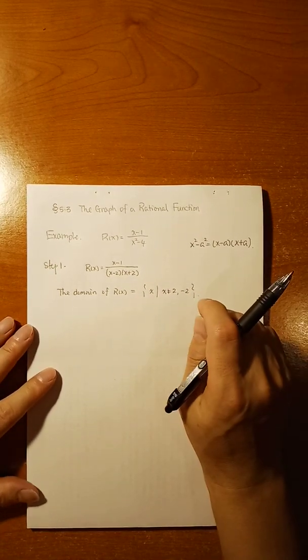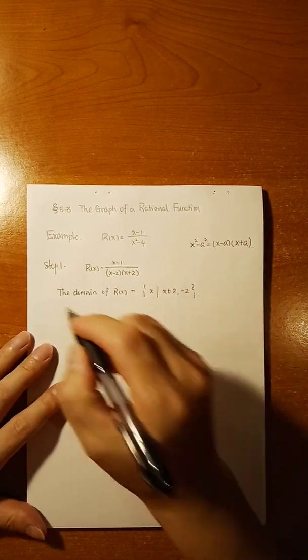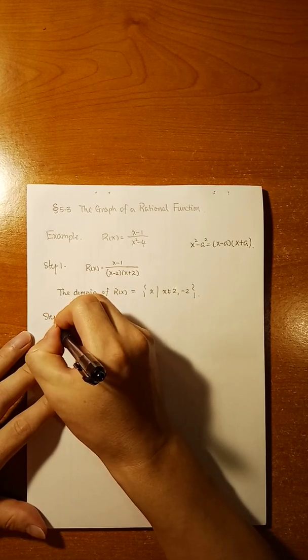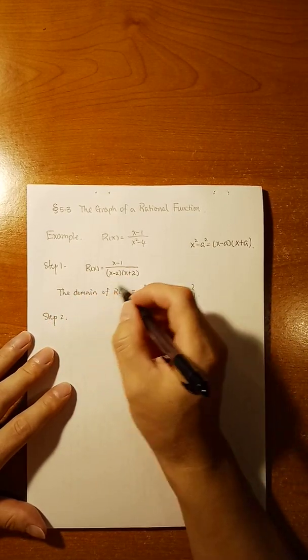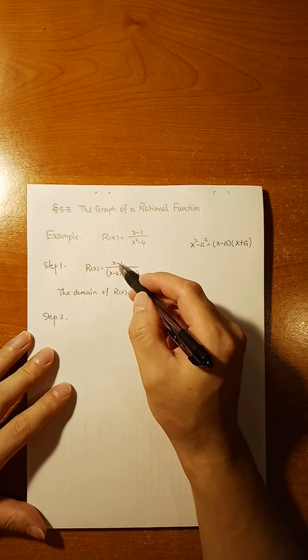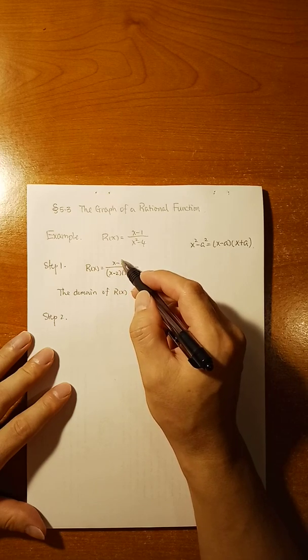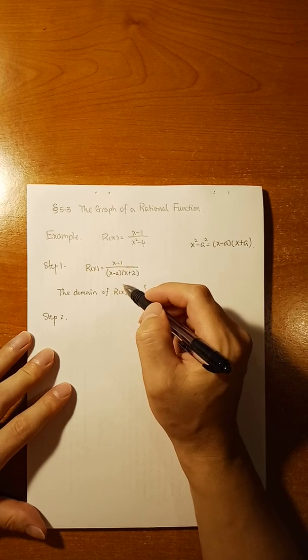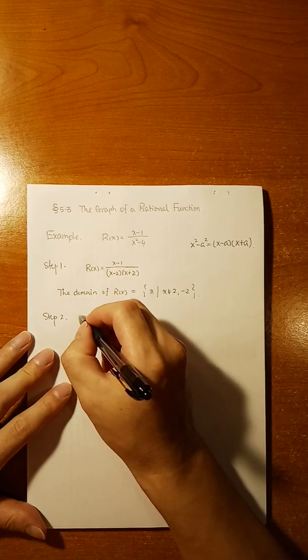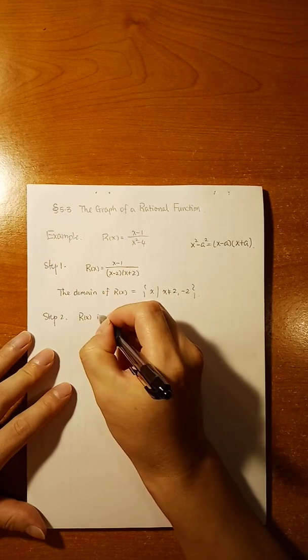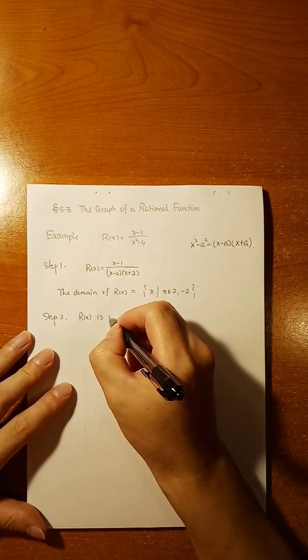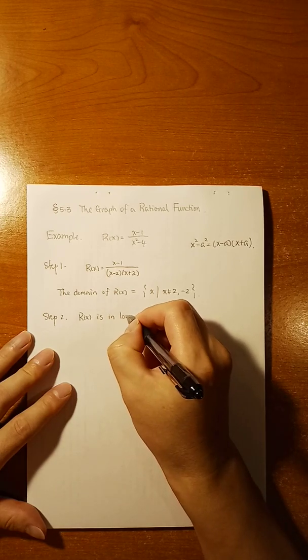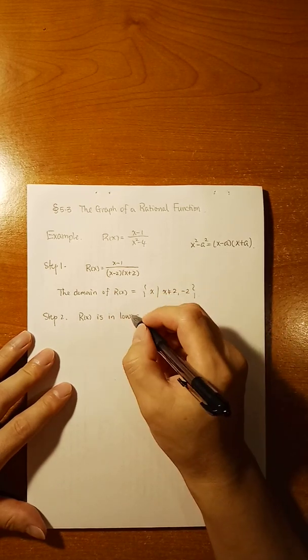So this is step 1. And step 2, we check that you cannot cancel any terms. In other words, the numerator and the denominator have no common factors. So R of x is in lowest terms.